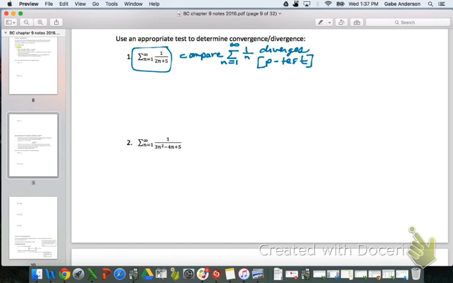If you think back to the limit comparison test, it goes like this. Limit as n goes to infinity, and then you simply put one nth term over the other nth term. So maybe I do 1 over 2n plus 5 over 1 over n. It could go the other way if we wanted to, but I'll just do it this way.